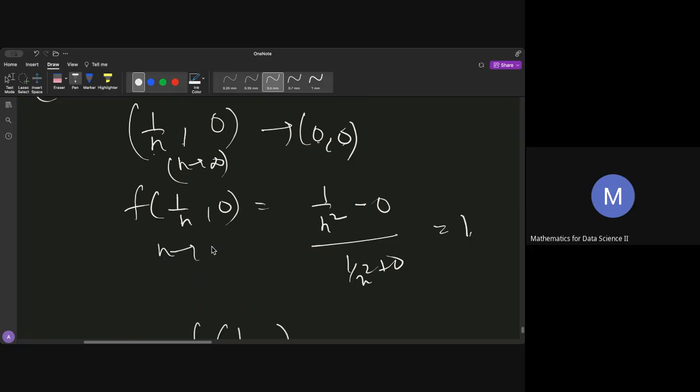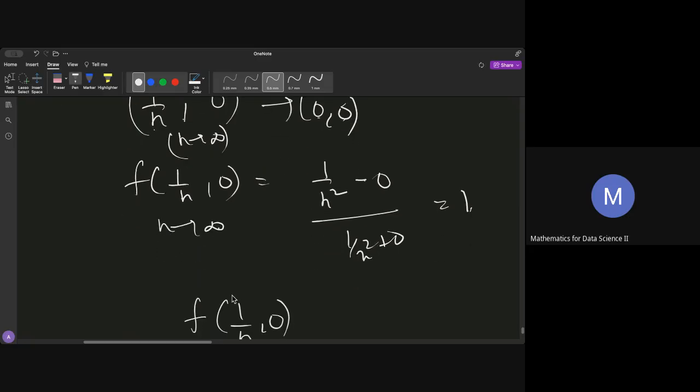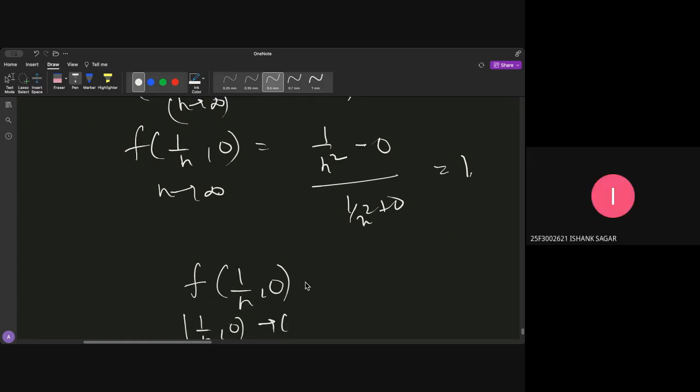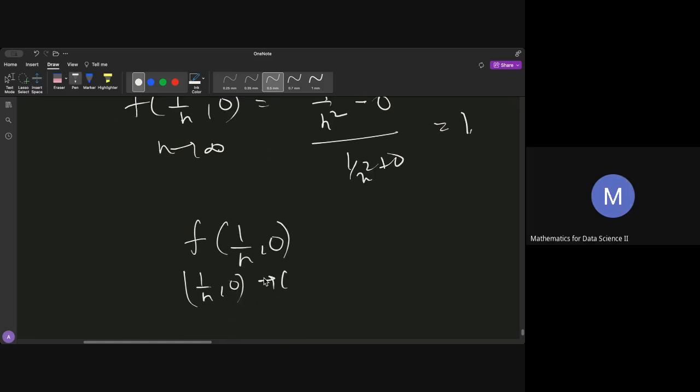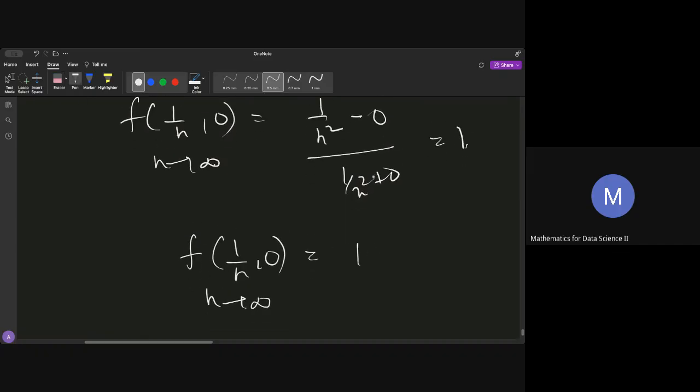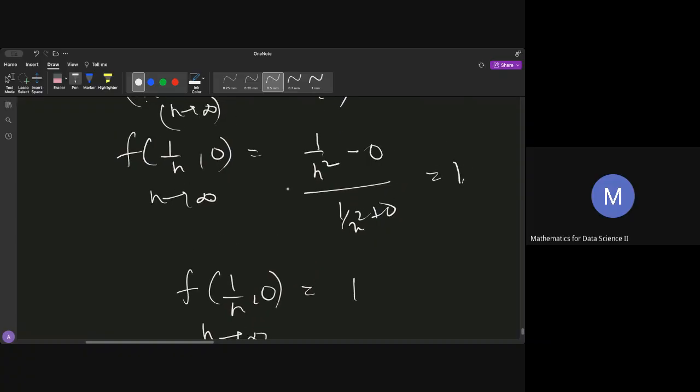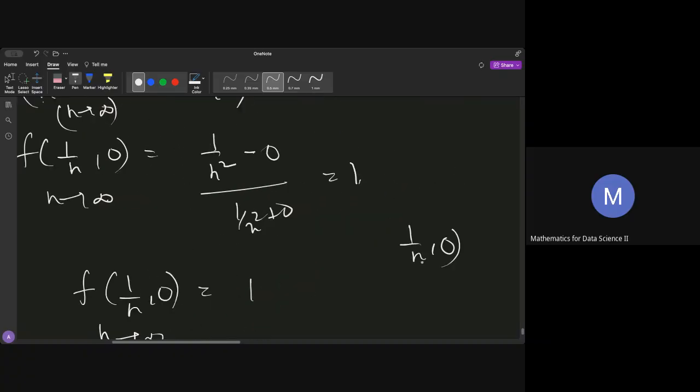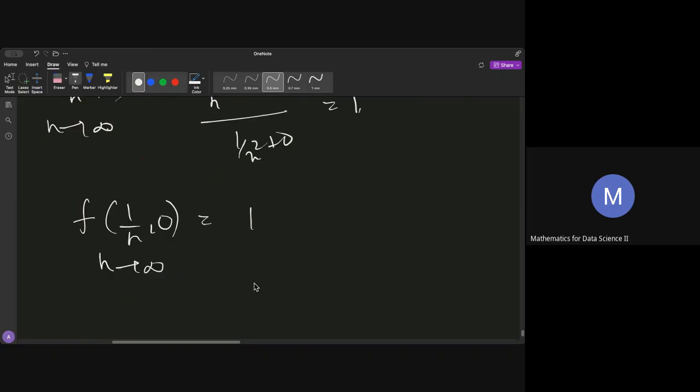So I can simply write n tends to infinity here. Is that okay? So this will give me 1, because it's a constant function on these kinds of tuples (1 by n, 0). So the limit will be 1, right?